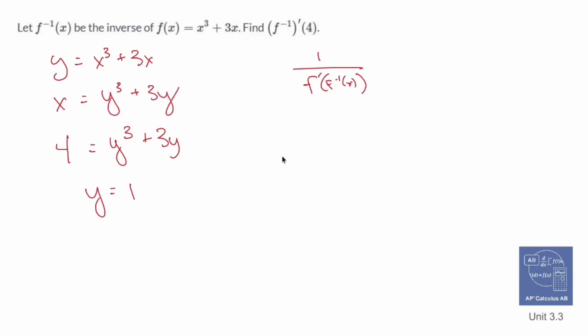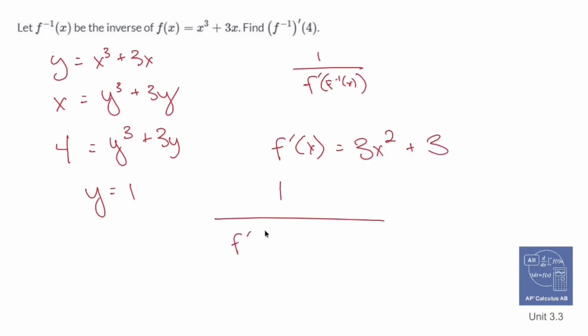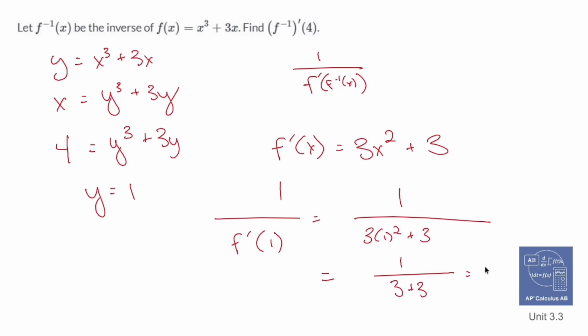So f prime of x is going to equal 3x squared, power rule, plus 3, power rule again. So 1 over f prime of 1 is going to look like this: 1 over 3 times 1 squared plus 3, which is 1 over 3 plus 3, so 1/6.